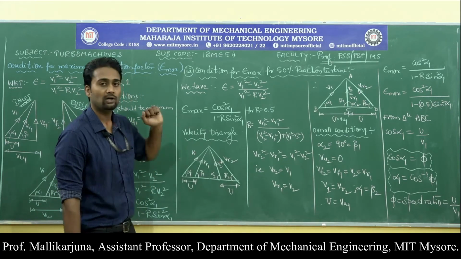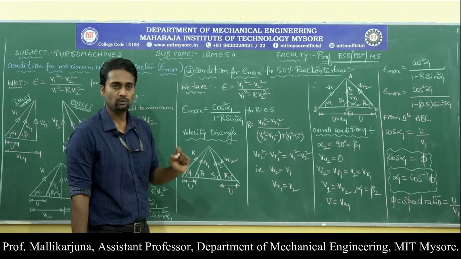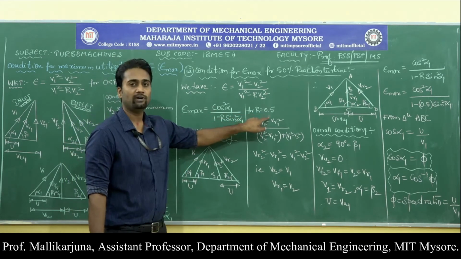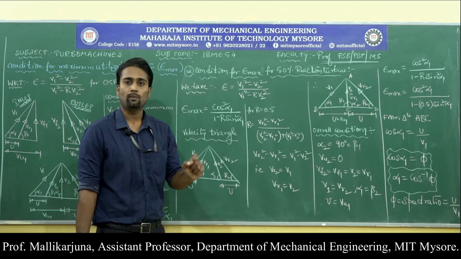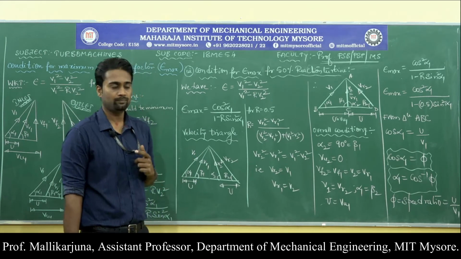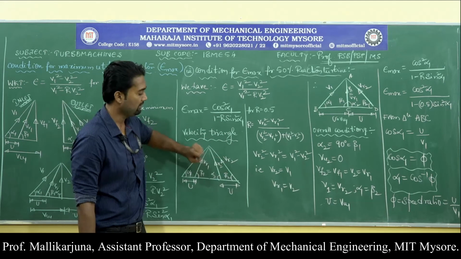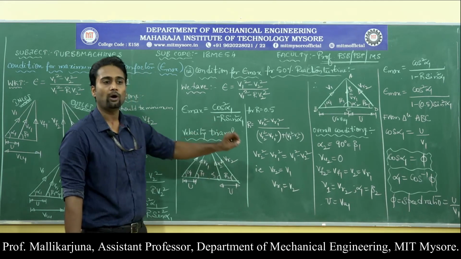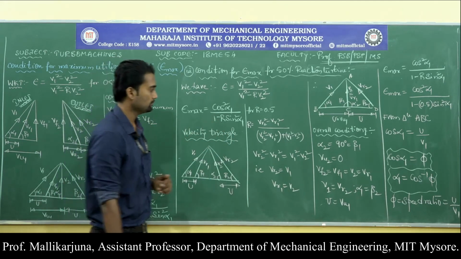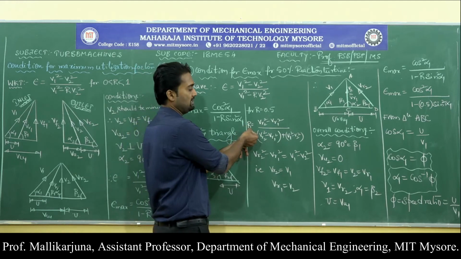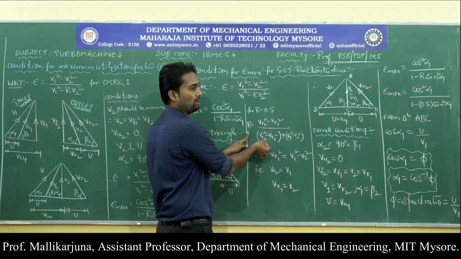Now this general velocity triangle should be reduced to R is equal to 0.5 velocity triangle. Let us look on to the various conditions now so that we can convert this into 0.5 velocity triangle. We know the basic definition for degree of reaction is static head divided by total head.